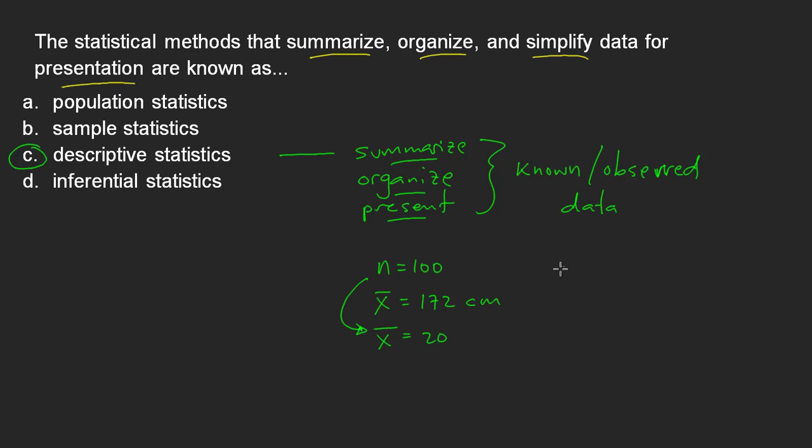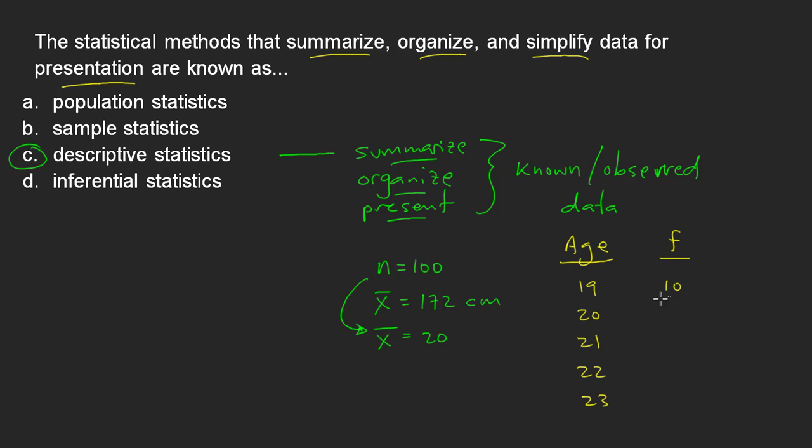Organizing might be, let's say again I'm dealing with ages. Maybe if I find my people fall into these different age categories, maybe the oldest person in my survey is 23 years old, I could look at the frequency of 19-year-olds that took part in the survey.